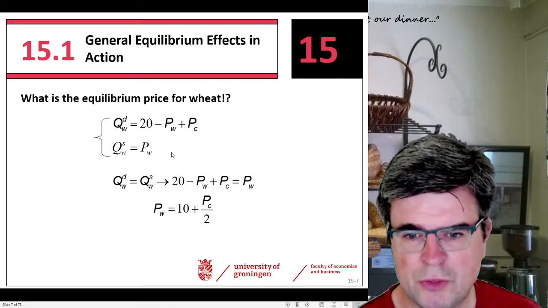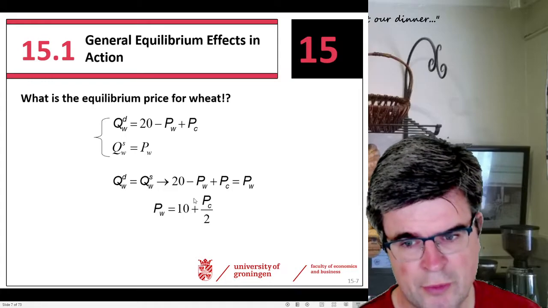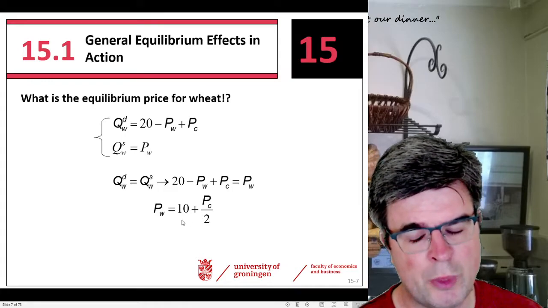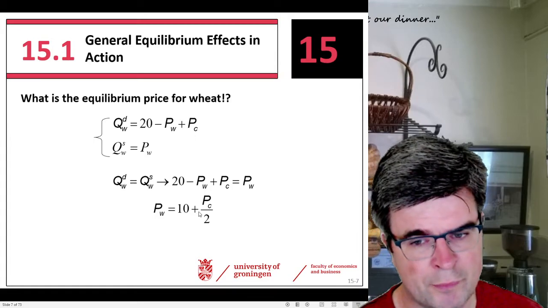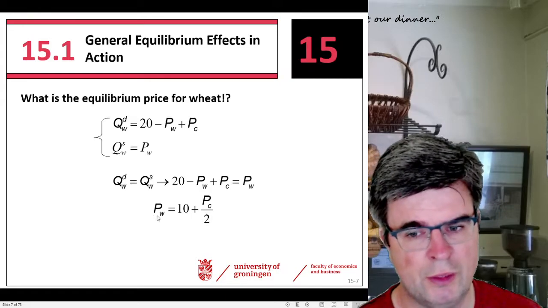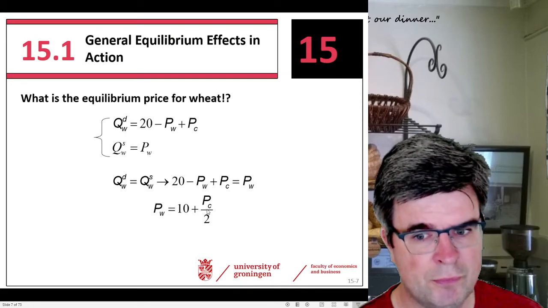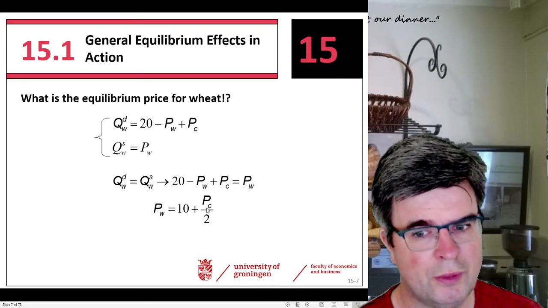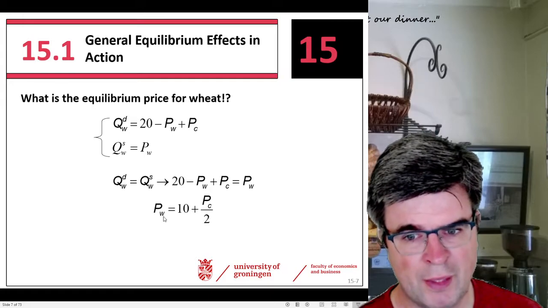So if we solve this resulting equation over here for the price of wheat, we see that the price of wheat is positively dependent on the price of corn. But at this point, we still don't know the equilibrium price of corn, and we don't know the equilibrium price of wheat. But if we know the price of corn, then we would also know the equilibrium price of wheat.